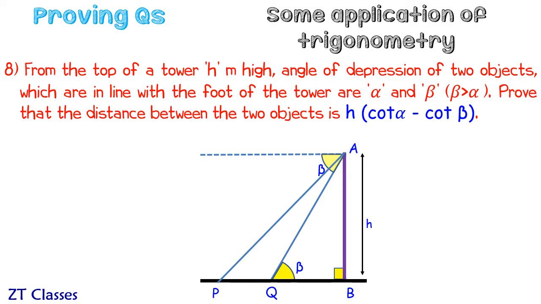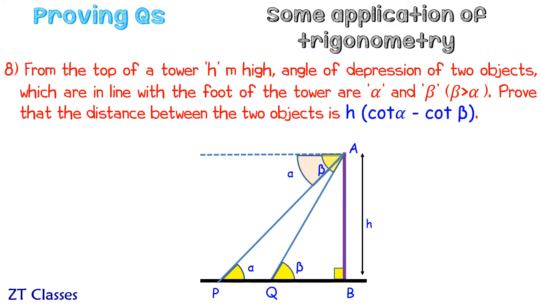So the second observer is P with angle of depression alpha. By same logic, alternate interior angles, angle APQ is also alpha degrees. You have to prove that the distance between the two objects, that means the distance PQ, is h times cot alpha minus cot beta.